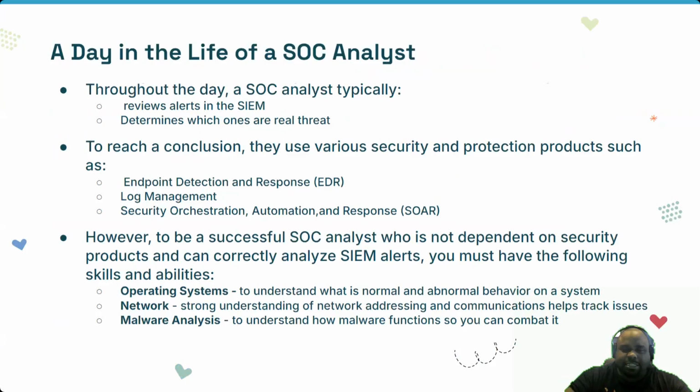And then lastly, malware analysis: being able to understand how different malicious software functions and what it does, what files it tries to alter, what network services it tries to shut down. Having an understanding of how that malware functions can help you combat it.